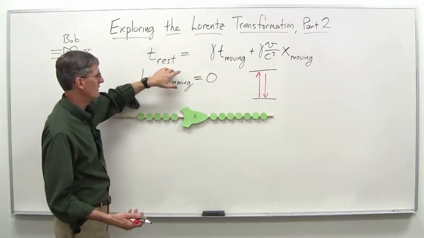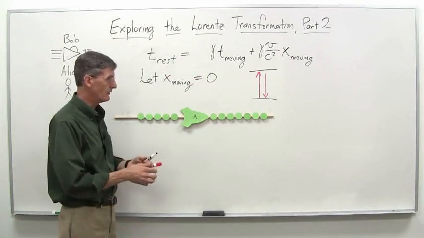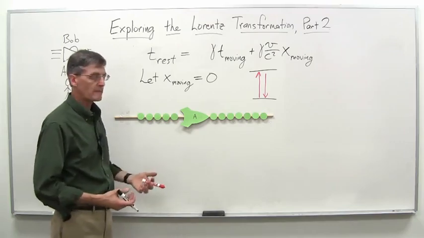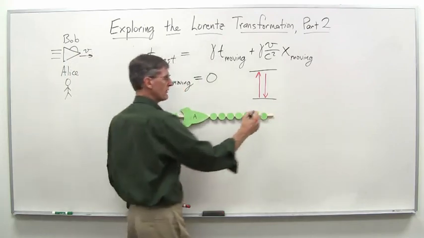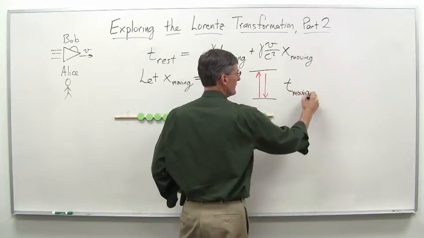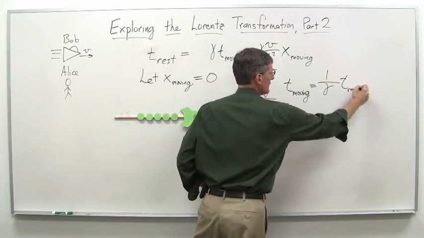We just get t in the rest frame, time measured in the rest frame, is gamma times the time measured in the moving frame. Gamma is greater than or equal to 1, of course. And so the way we wrote it previously was something like this. We said time in the moving frame equals 1 over gamma times time in the rest frame.